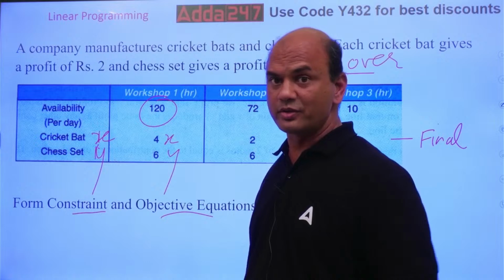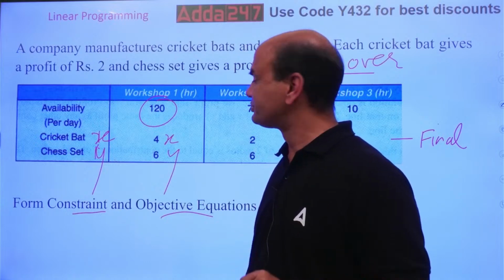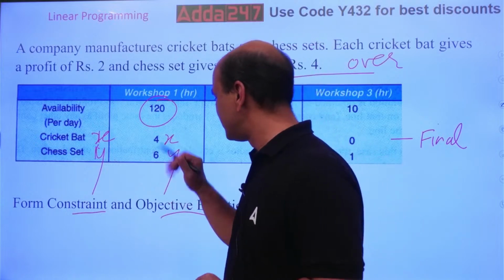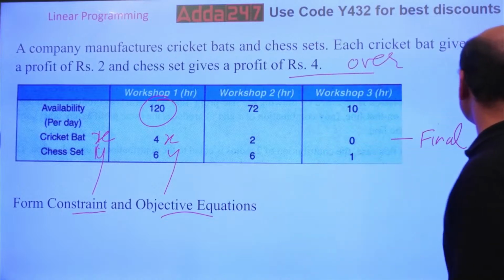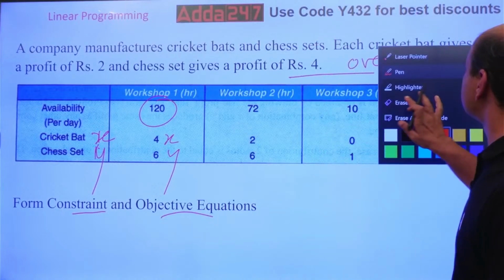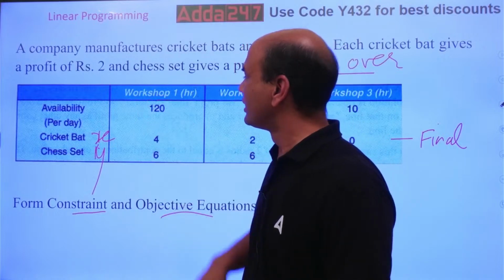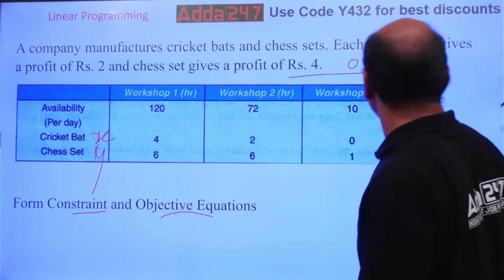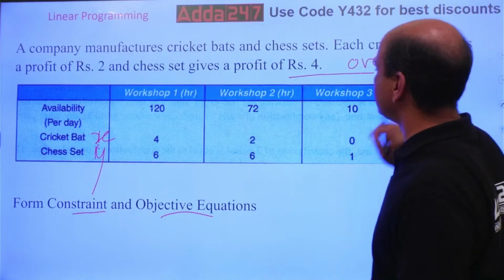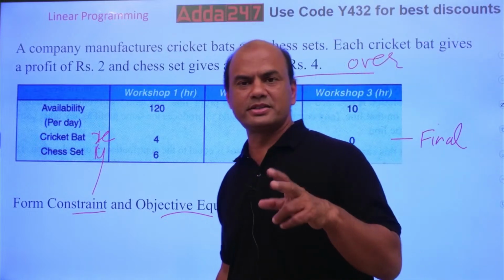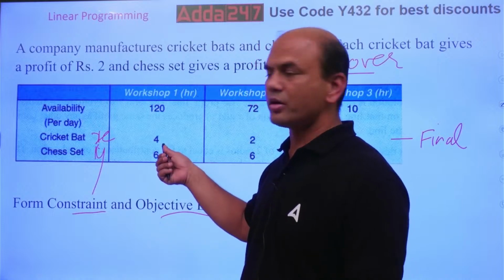Getting this point? Not getting it? See this. Let's say this is 4 hours. Let me bring this eraser over here. Now you tell me, let's say I am preparing 2 cricket bats. One bat is requiring how many hours? 4 hours.